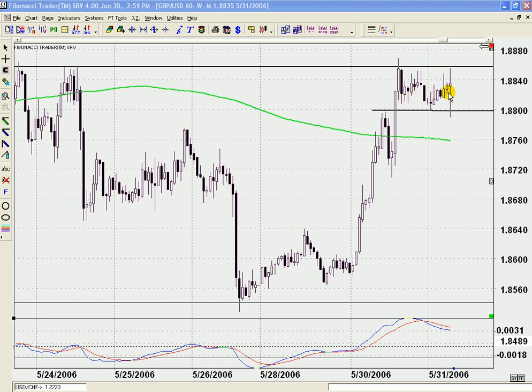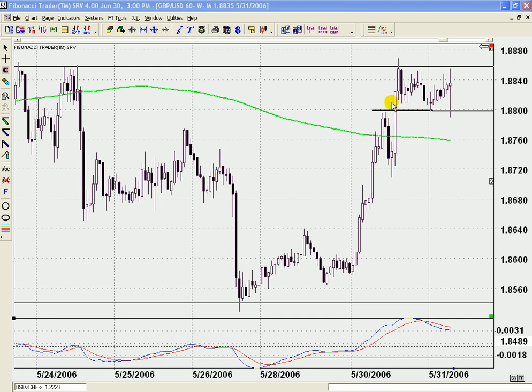We've studied extensively, till we're blue in the face, how the market moves in these ranges and bounces off of levels of resistance and support and will shift from one level down to the next. And in this example, we have price coming up and testing this level of resistance.